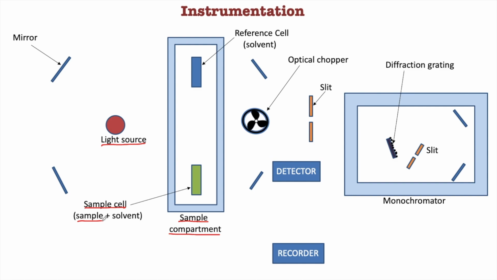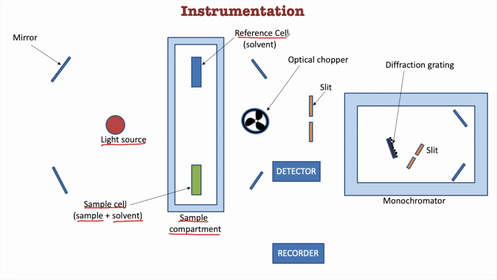We can't directly place the solid compound in the sample cell because the infrared radiations will be scattered to a maximum extent. The solvents which we can use for forming the solution are chloroform, carbon tetrachloride, acetone, and carbon disulfide. Any of them can be used to form the solution.